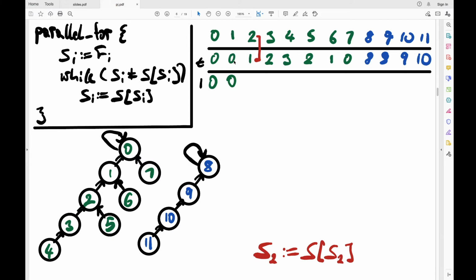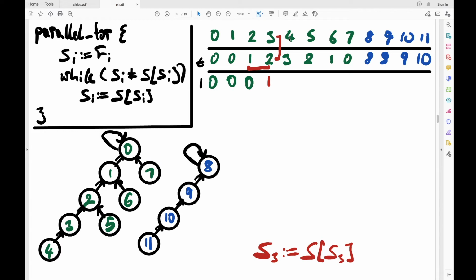And for node number 2, the predecessor of the predecessor, so the predecessor of node number 1, is node number 0, the root again, so we assign that. For node number 3, the predecessor of the predecessor is node number 1.